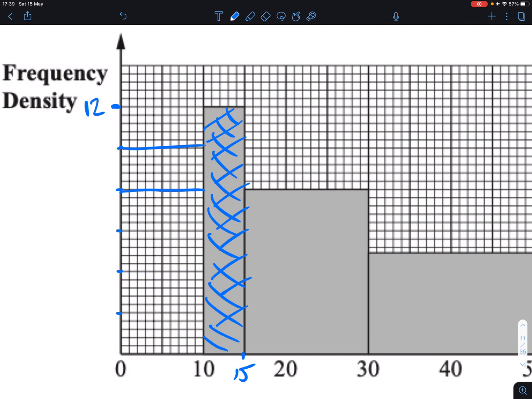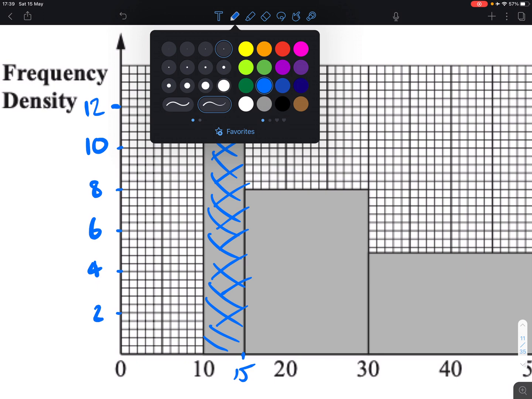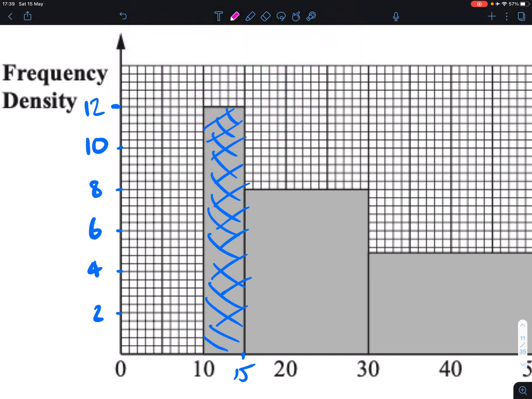Now, the fact that we have those lines allows us to then, using 12, get a scale. And generally speaking, it can be decimals, but on this occasion, it works out that every 2 you go up, or every 5 mini squares gives you 2. And then from that, if that's 2, then each tiny square would be 0.4, because 2 divided by 5 is 0.4.